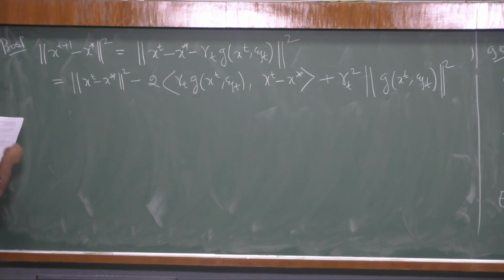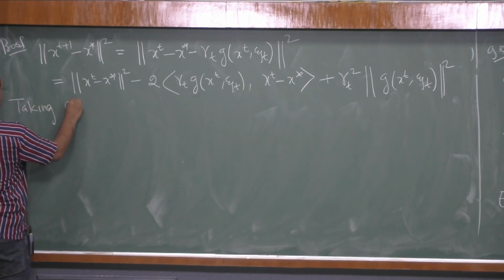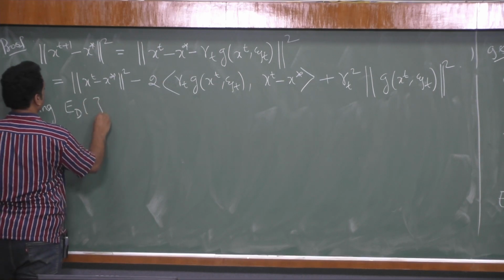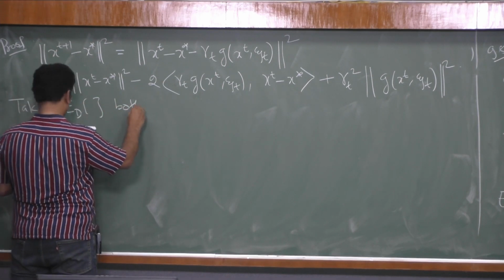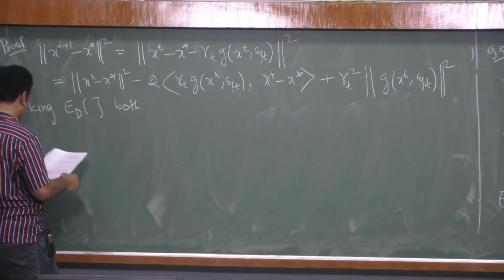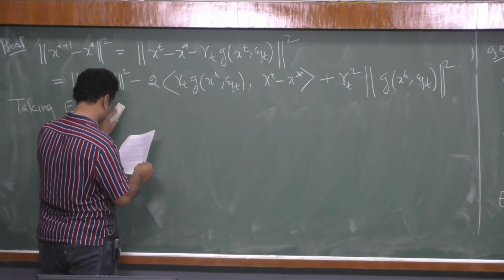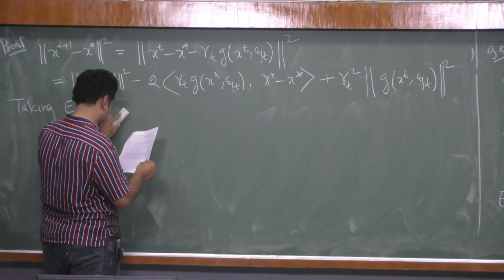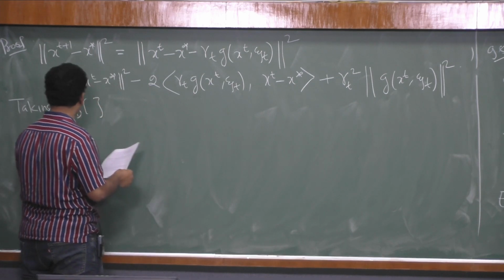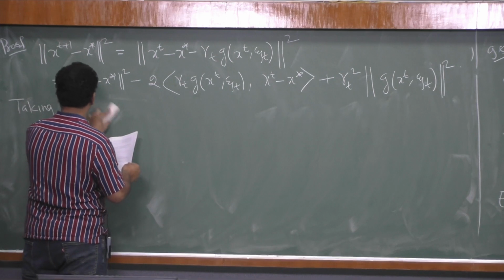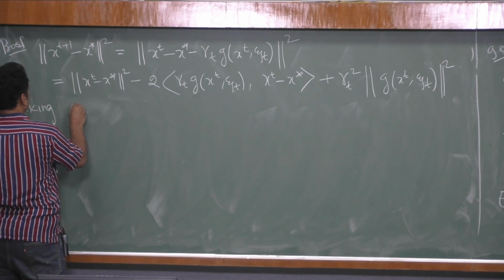So we will take expectation on both sides as a first step. So taking expectation of both sides, and we will condition it on xt. Yeah. So taking expectation conditioned on xt.